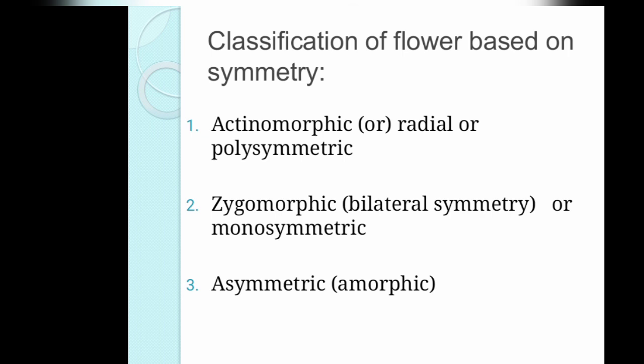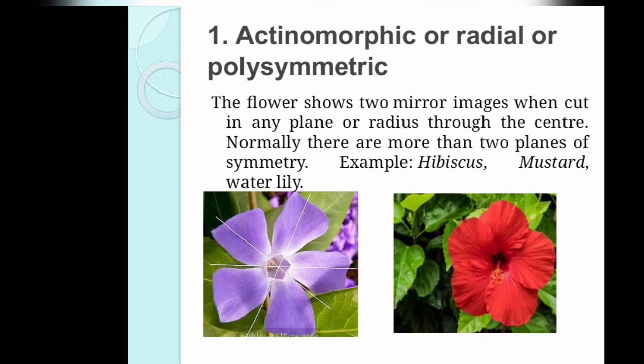So let us see the first type, that is actinomorphic or radial or polysymmetric flower. The flower shows two mirror images when cut in any plane or radius through the center. Normally there are more than two planes of symmetry. Actinomorphic flowers are those flowers which have radial symmetry.